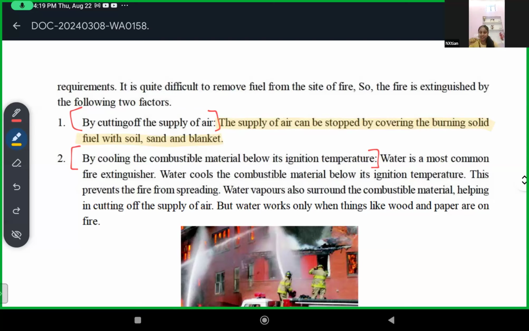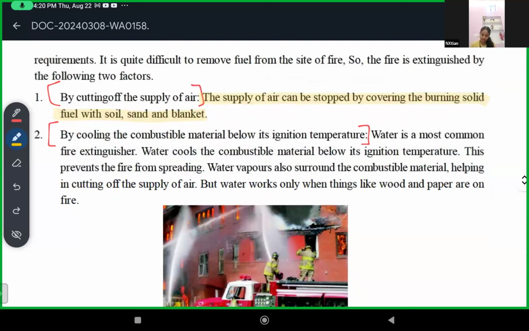But only in the sand? No, they can do it anywhere. It's just like when they hit the fire, that is to cut off the air supply. Cover them completely in a blanket to cut off the air supply, and the fire is extinguished.